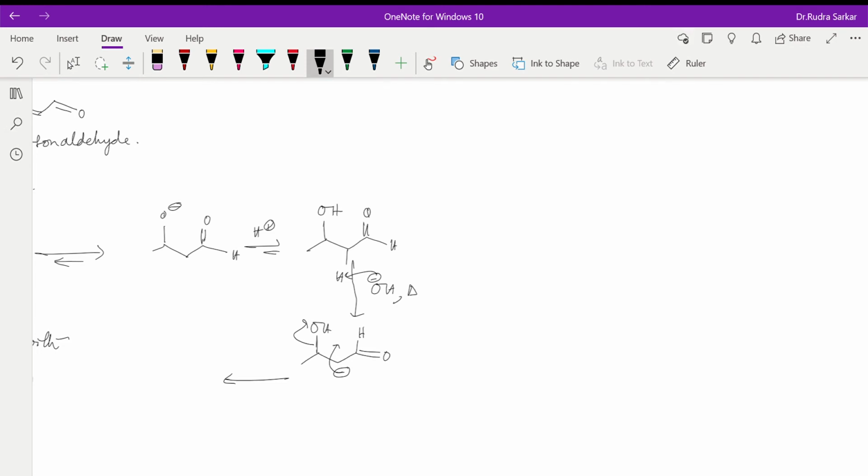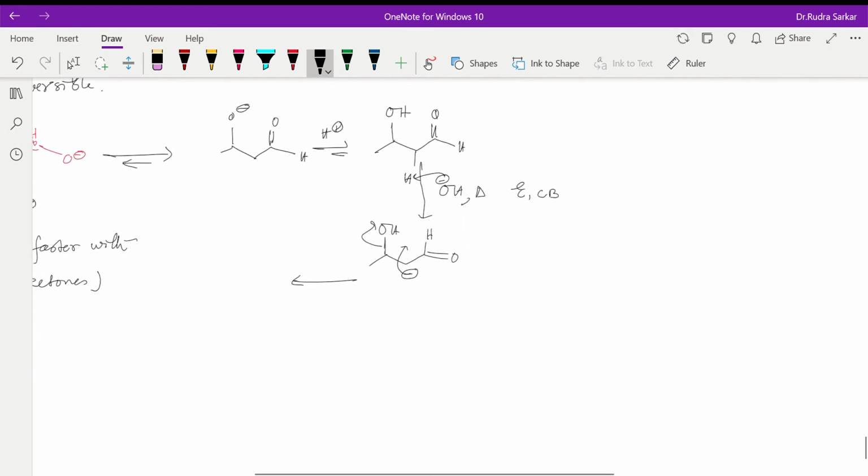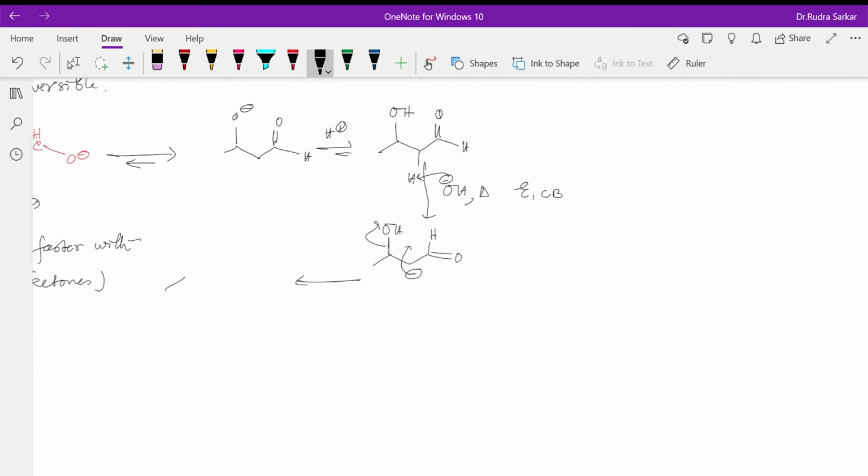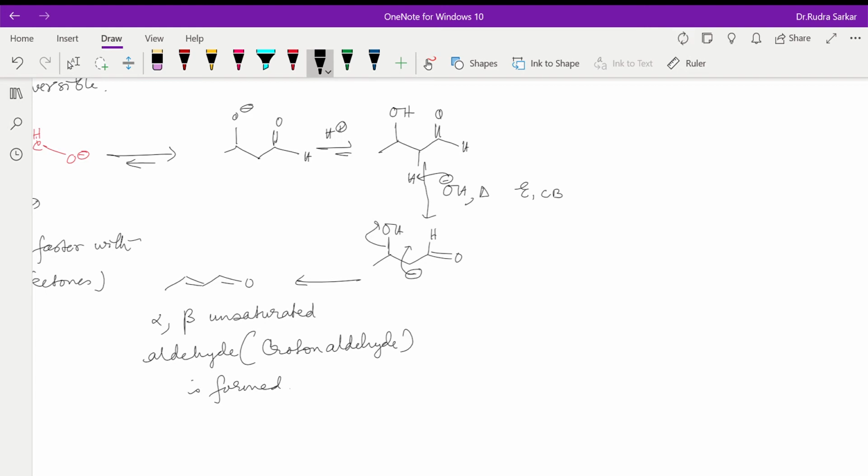So here the mechanism that is operating is called E1CB, elimination unimolecular conjugate base, and that is how our alpha, beta unsaturated aldehyde called crotonaldehyde is formed. Okay.